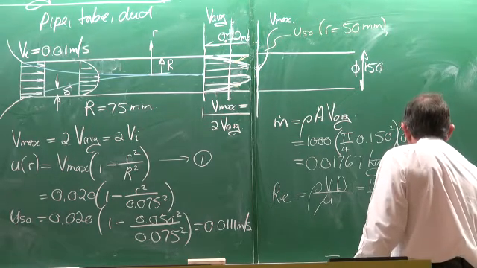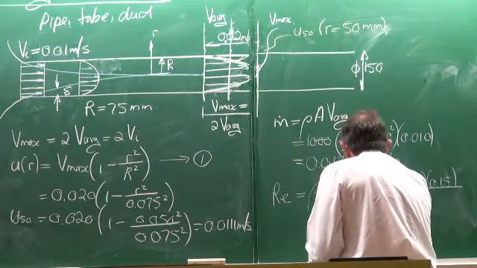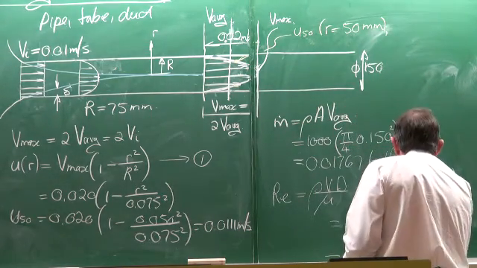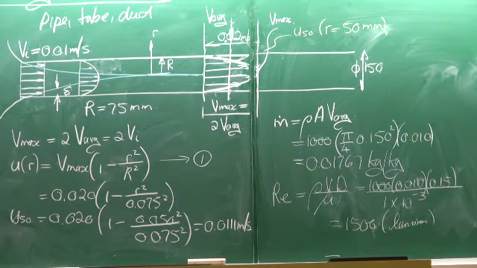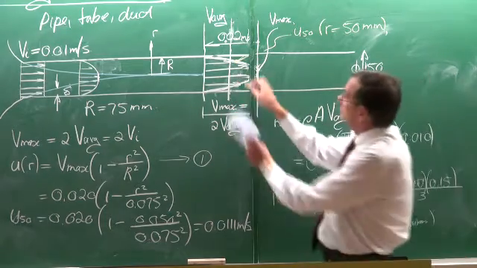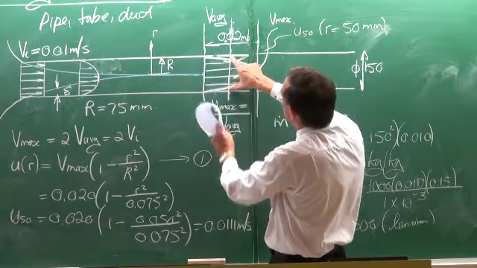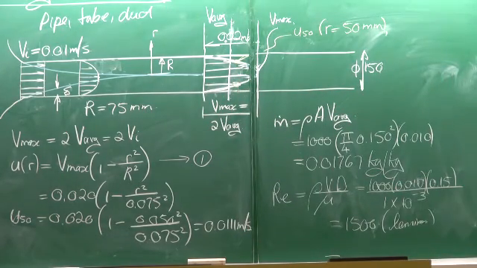Let's suppose it is about at 20 degrees Celsius, so it will be approximately 1 multiplied by 10 to the minus 3. So, the Reynolds number is 1,500. That's very important. I've chosen it specifically so that the flow is laminar, because this is only valid for laminar flow, not for turbulent flow. If the flow is turbulent, the velocity would have been almost constant right through at 0.01 meters per second. There wouldn't be a velocity distribution.